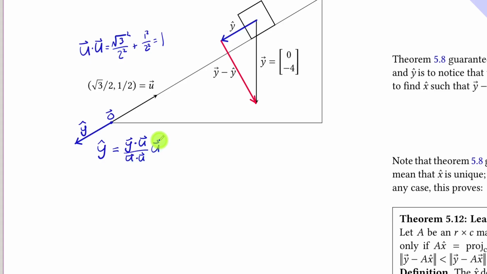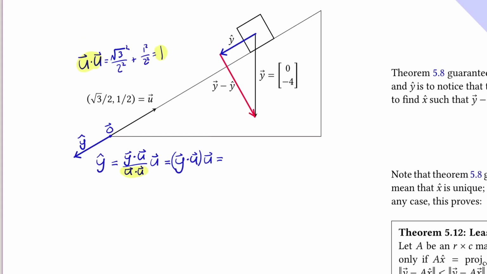In this case, u dot u is 1, so we have the simplified version of this. We can just do y dot u as the scalar and multiply that by u. And y dot u here, we're going to do 0 times root 3 over 2, that's going to be 0, minus 4 times 1/2.